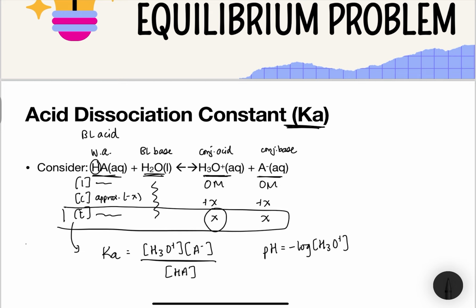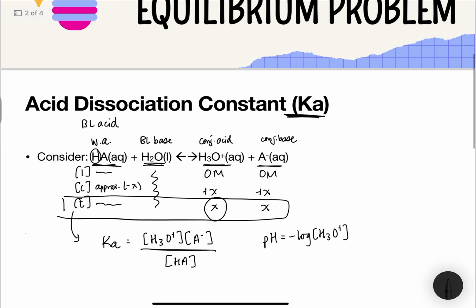I can use this formula to calculate the pH if I knew how much hydronium there was, or if I'm given a pH, I can use the pH to calculate how much hydronium I have. So the concentration of hydronium is 10 to the power of negative pH, or the anti-log. So those equations will help me, and same with my equilibrium expression as we look at a weak acid problem.